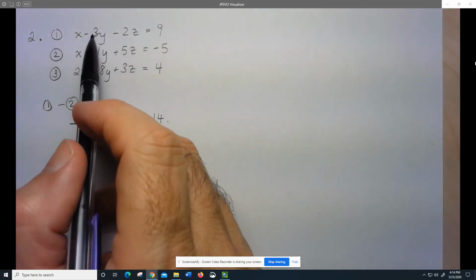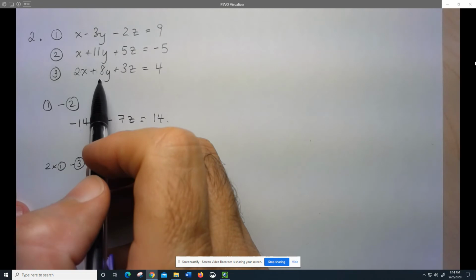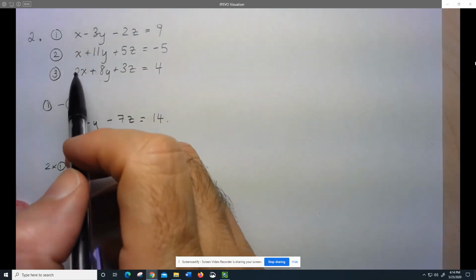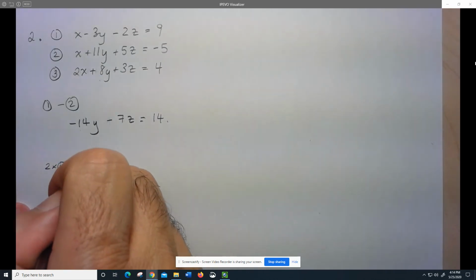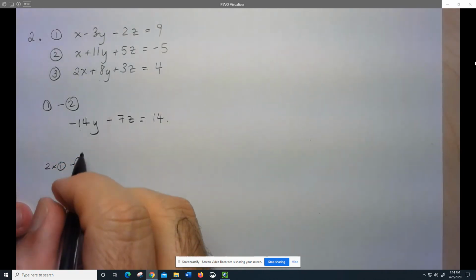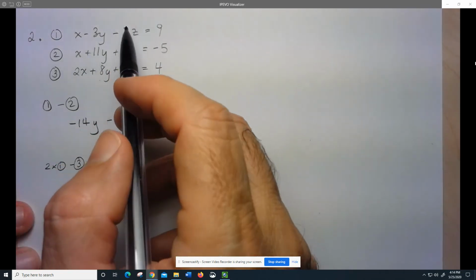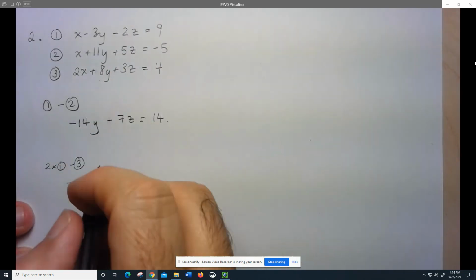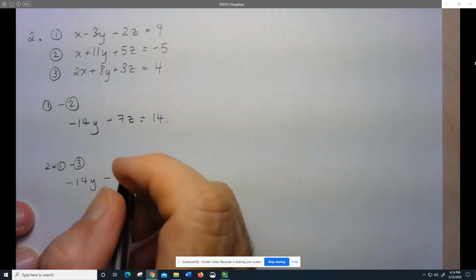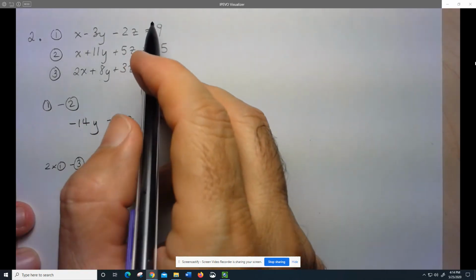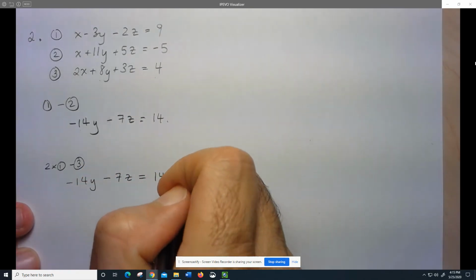This is negative 6y because I'm multiplying by 2, plus 8. Negative 6y minus 8 because I'm subtracting, so that's negative 14y. So it's actually a good idea not to simplify. Here we've got negative 4 minus 3 is negative 7z. Oh, it's looking interesting. And then here we have 18 minus 4 is 14.